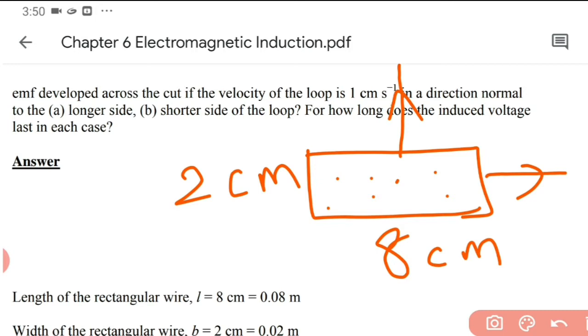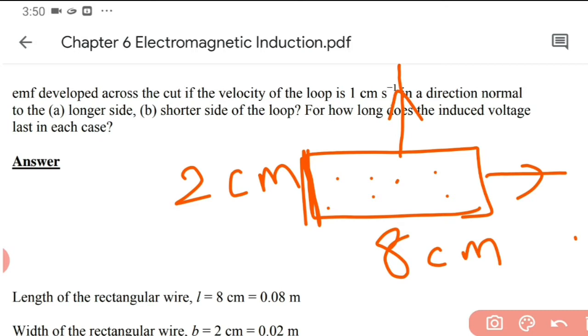To find how long the induced voltage lasts, we have to find the time taken by the loop to completely cross that field region. When it is dragged in a direction normal to the longer side, the distance traveled will be 2 cm.